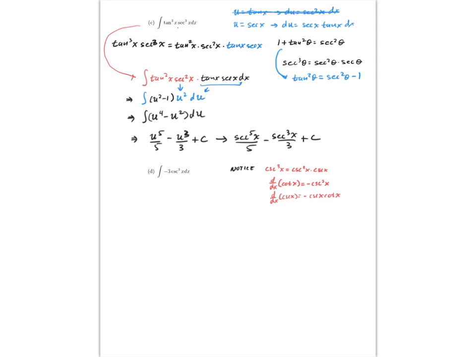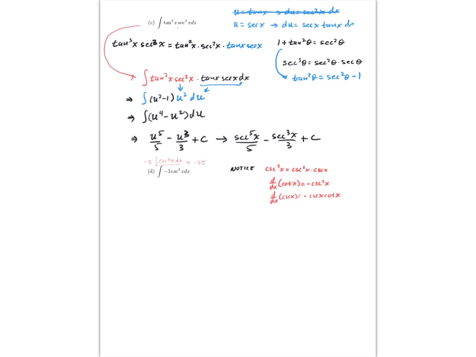Also, notice, to make life easier, because this problem is going to get pretty messy, I'm going to rewrite this as minus 3 times the integral of cosecant cubed x dx, and I'm going to call this integral I, so this is technically minus 3I.